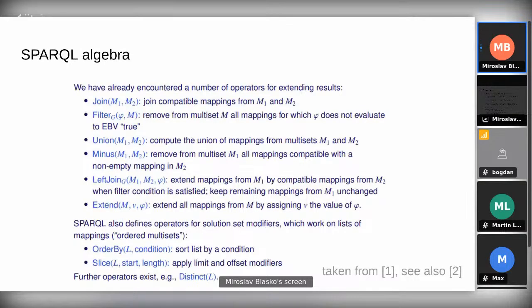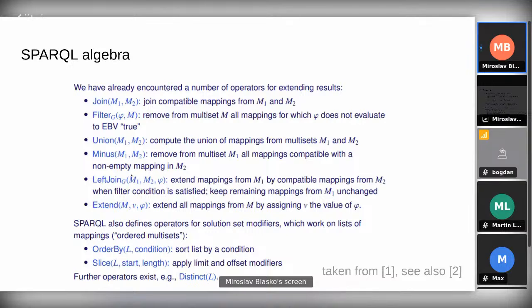Query algebra has many operators. I would explain some of them. This one is often used for basic graph patterns: the join operator just takes mappings from one set and combines them with another set, and only returns compatible mappings. Another operator is left join, which I hope you know from databases.